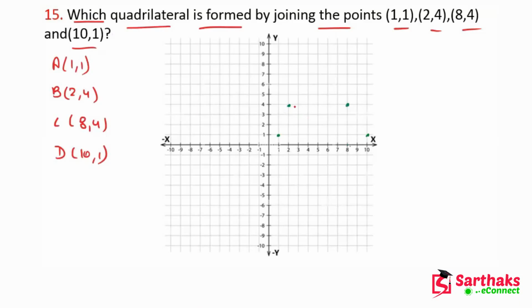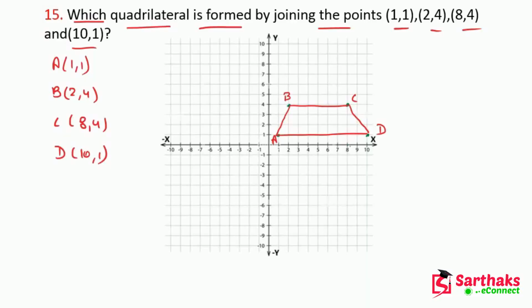If we join these points, we get a figure like this. This is A, this is B, here is C and this point is D.